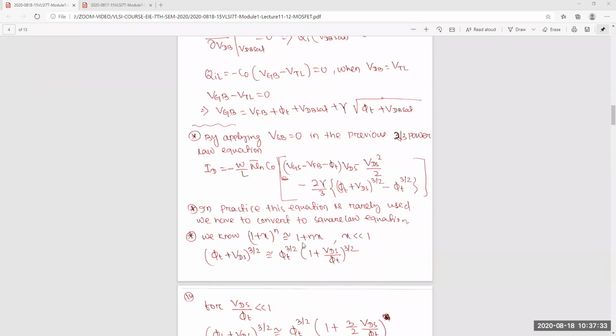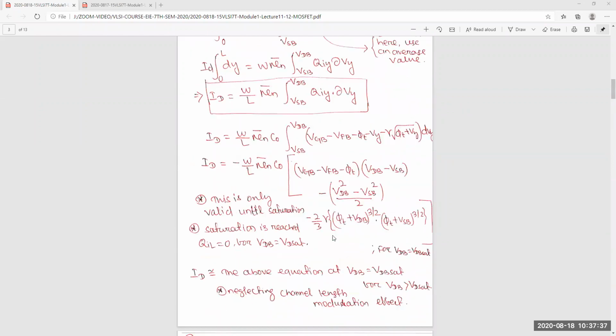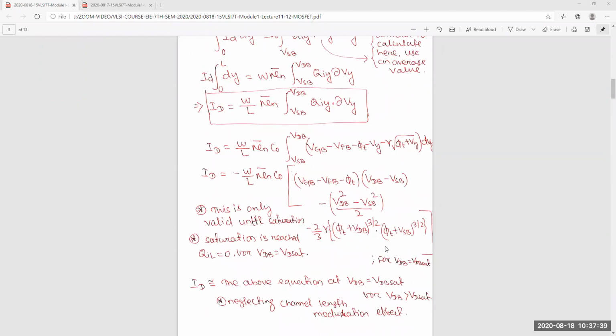So now come to the next part. Here also in this equation we can do some simplification. What is the simplification? If we put VSB equal to 0, that means we do it without body effect. So we'll calculate this equation without body effect. Here VSB will be 0.